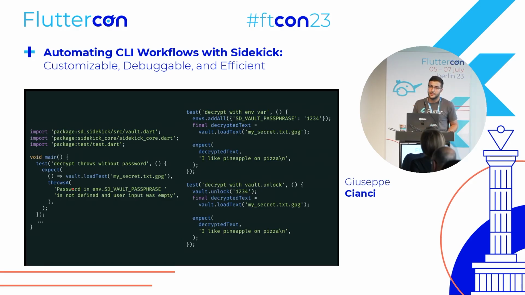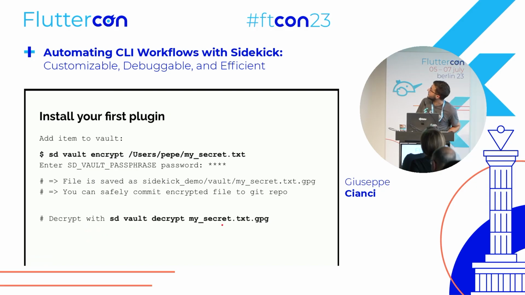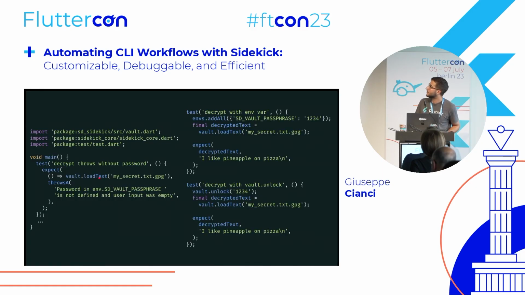So remember, if I run the CLI version, which is vault decrypt, it would ask me for a password. But because I'm running it in code, it isn't interactive, so you have to pass it in another way. And there's two methods to do this.